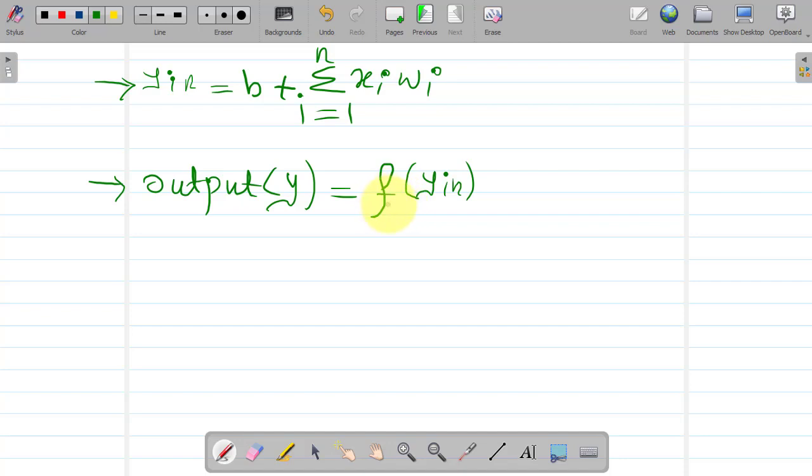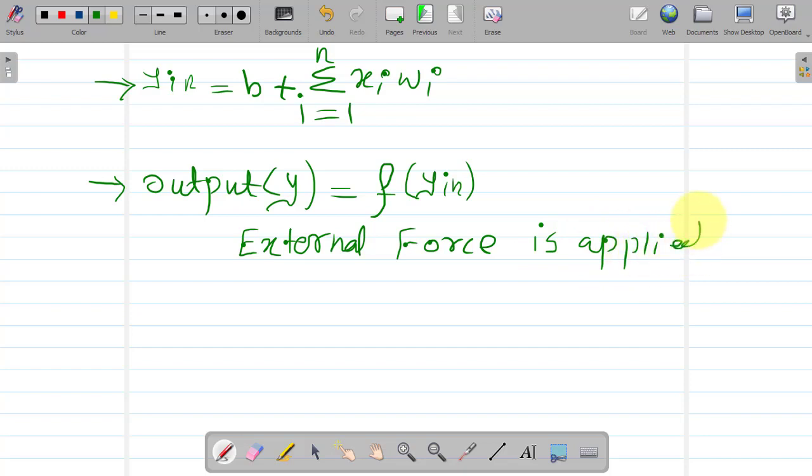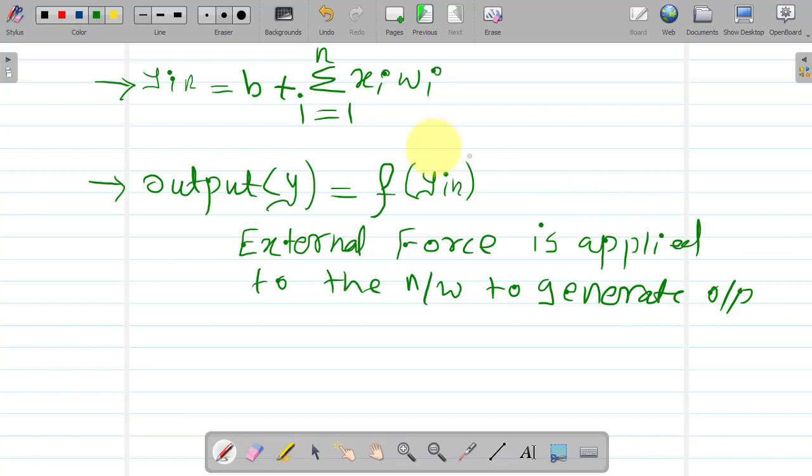So the activation function is nothing but an external force applied to the network to generate output. So this is the definition of the activation function.